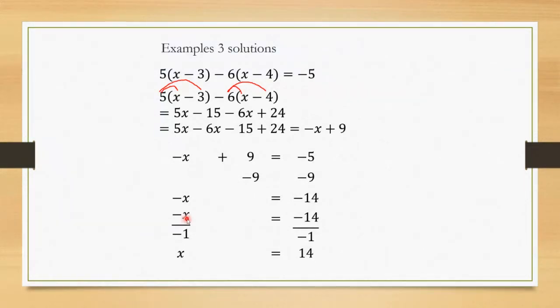We can do that by dividing by minus 1, and we get x equals 14. Again, you don't have to do it in exactly this order. It's just one way to solve the equation. Are there any questions on this?